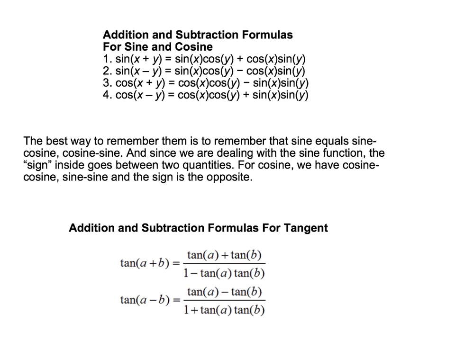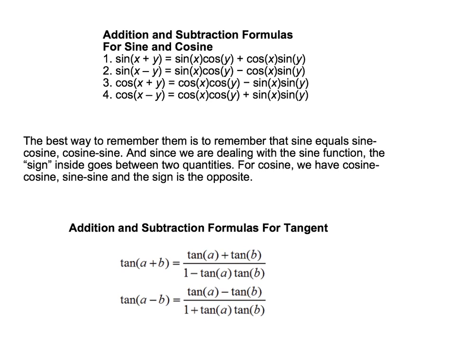You should find all of these formulas on your unit circle sheet. There is no expectation for you to memorize these. But I did, in the paragraph here, outline how you can keep the sine and cosine addition subtraction formulas straight. If you look at the first two here, there's certainly a pattern that develops.